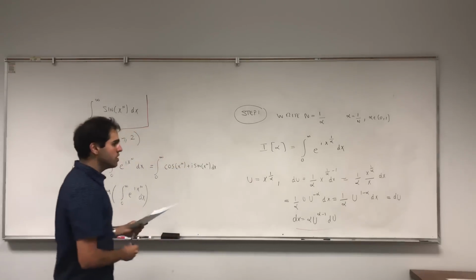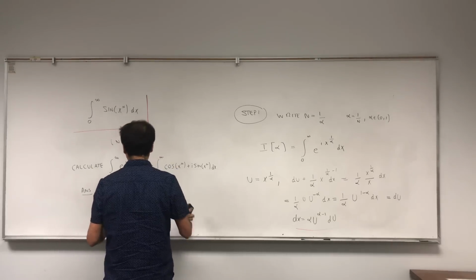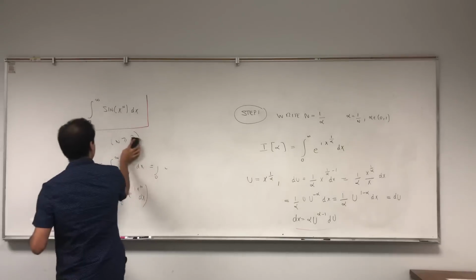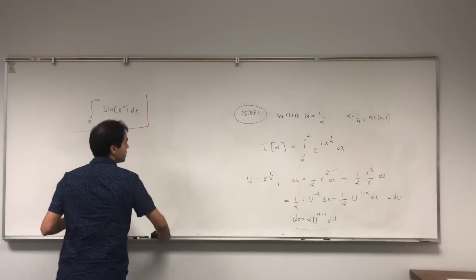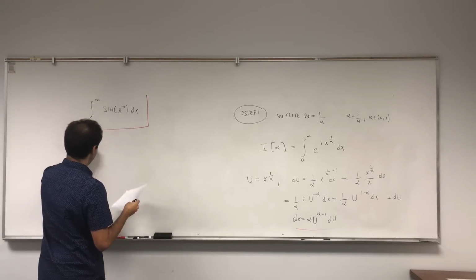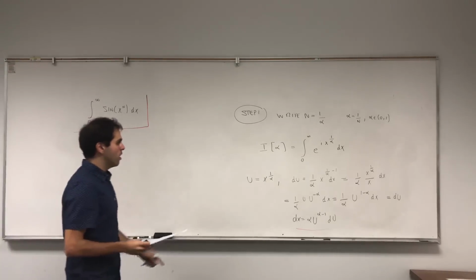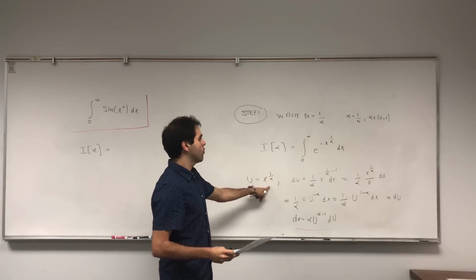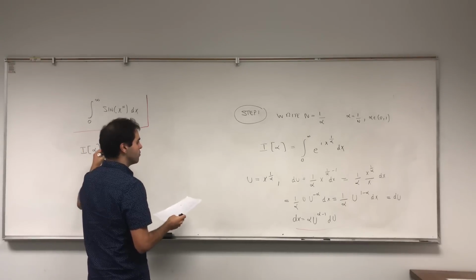In other words, your integral becomes slightly simplified. So I of alpha equals, 0 to the 1 over alpha, that's just 0, and again alpha is a positive real number.